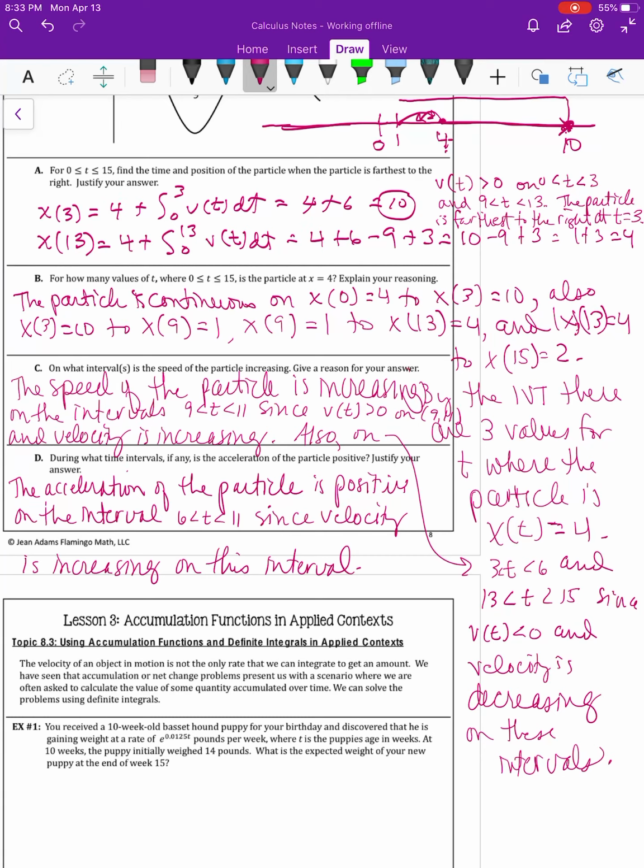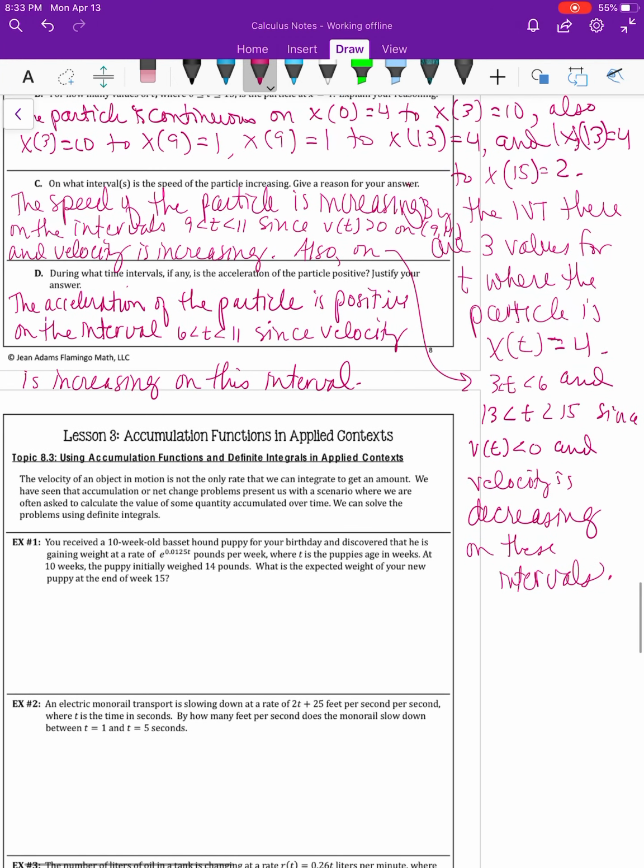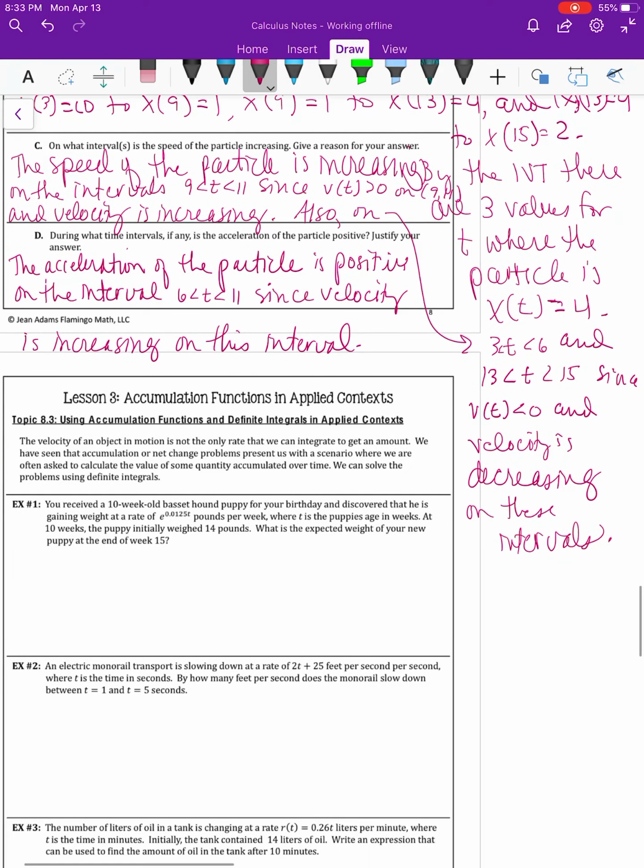So that's how, when they've given you the velocity as a graph, you're going to talk about increasing velocity.